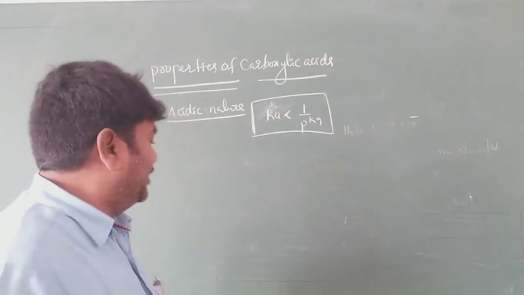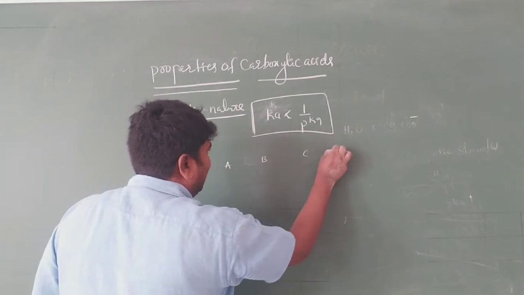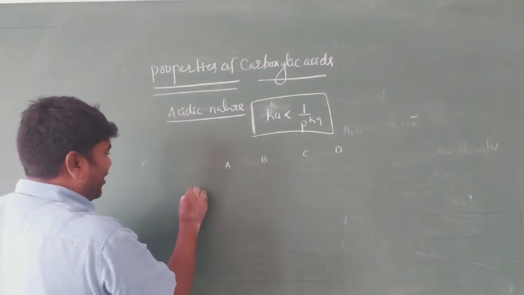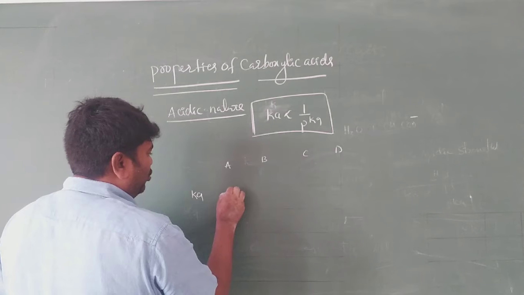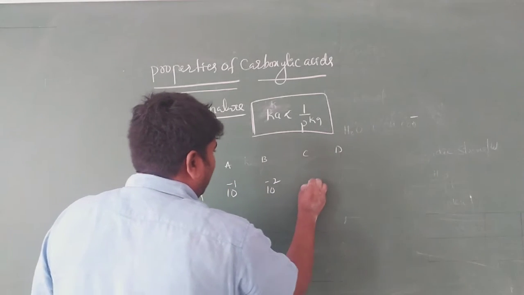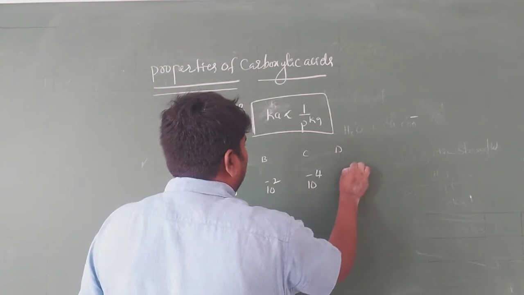Suppose there are different types of acids: A, B, C, D. Their Ka values are 10 to the power minus 1, 10 to the power minus 2, 10 to the power minus 4, 10 to the power minus 5.